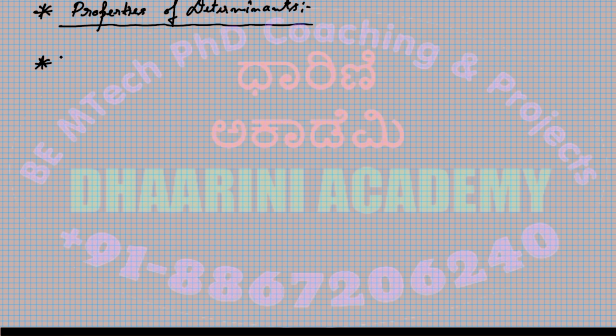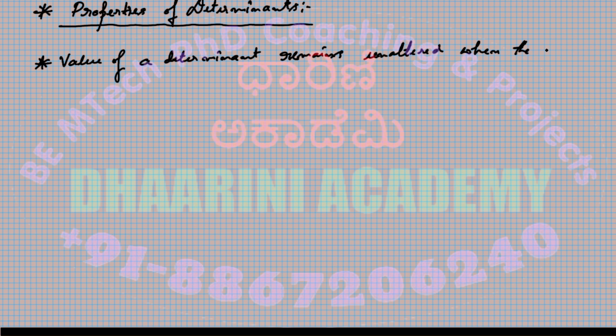The first property says that the value of a determinant remains unaltered when the rows and the columns get exchanged. In a sense, rows getting exchanged with the columns.